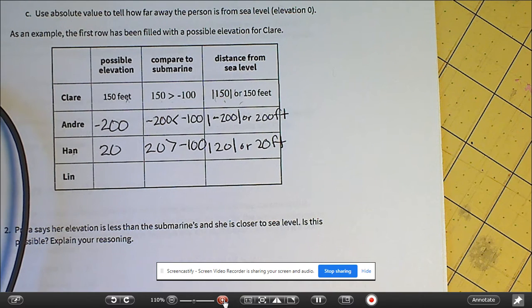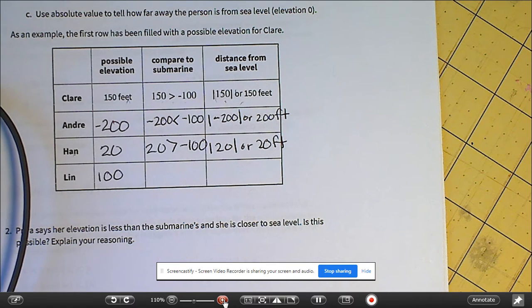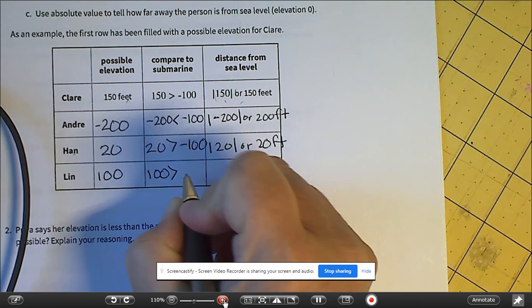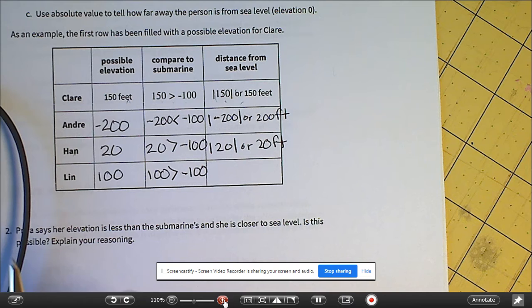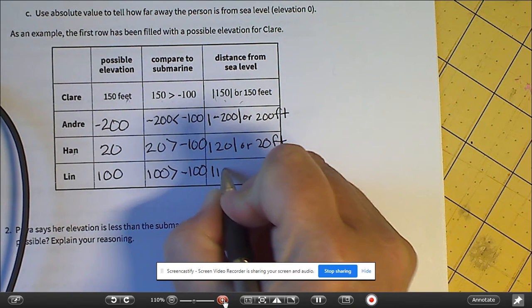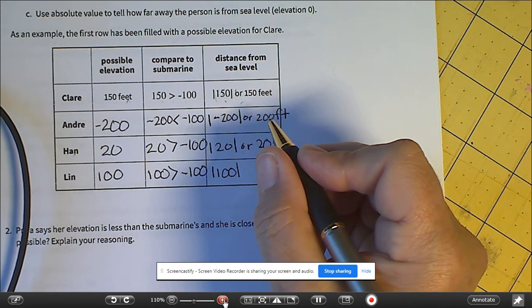Okay, and then let's do Lynn. Lynn's elevation is the same distance away from sea level as the submarine. So a possible elevation is 100. 100 is greater than negative 100, but the distance from sea level is the same because the absolute value of 100 is also 100.